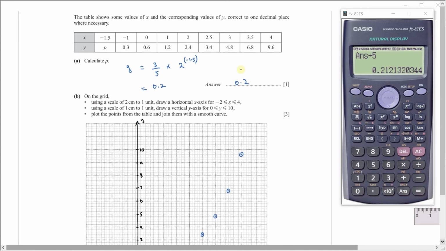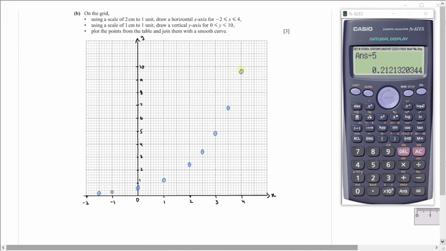So these are the points, and now we can join them to create a smooth curve. So your curve will look something like this.